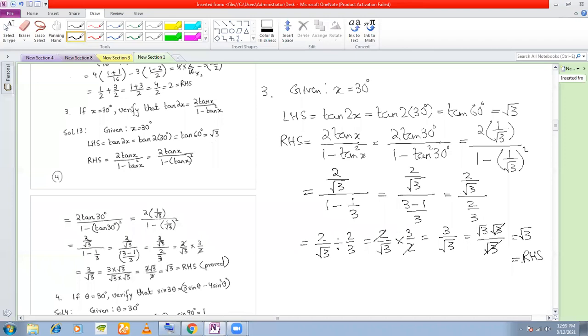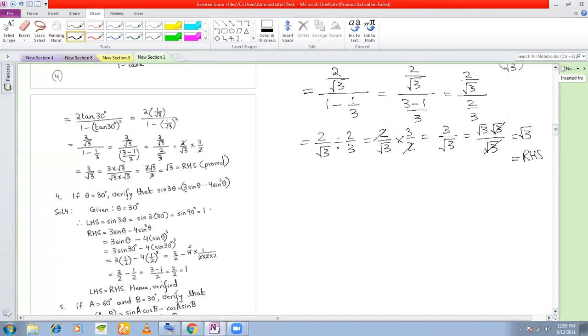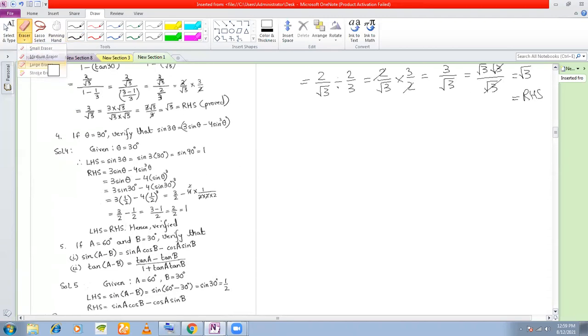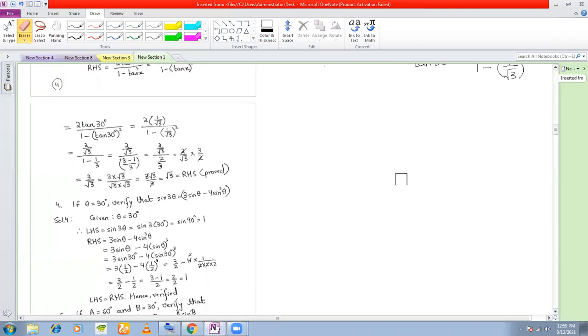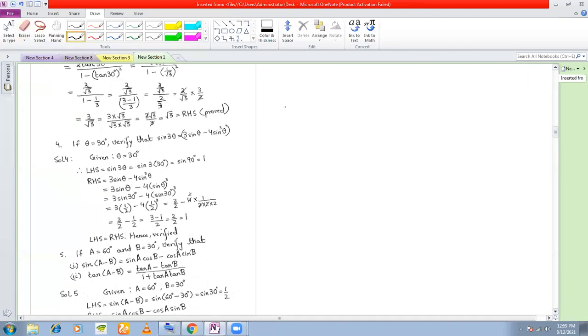Is it clear? Any question in the last step? No? Yes, tell me, what is the question? Sir, how did 2 root 3 come? Where is 2 root 3? In the last step you had got 3 by root 3, right?